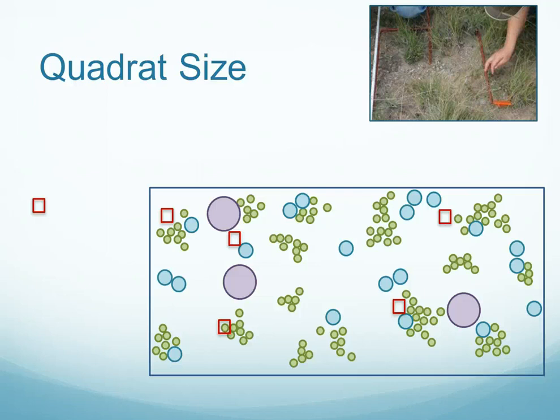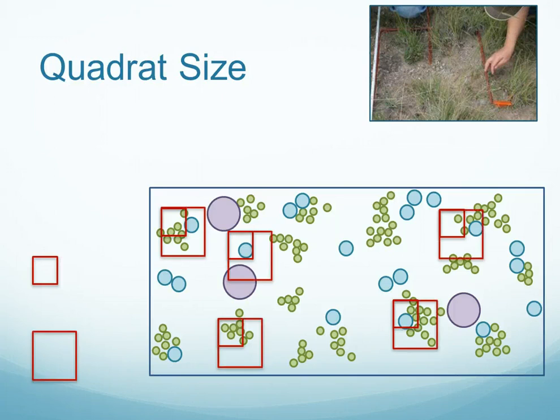This would not lend to having good precision in our estimate. By increasing the quadrat size, we can increase the number of quadrats that have plants in them, and there will be greater similarity in the number of plants that are in the quadrats.